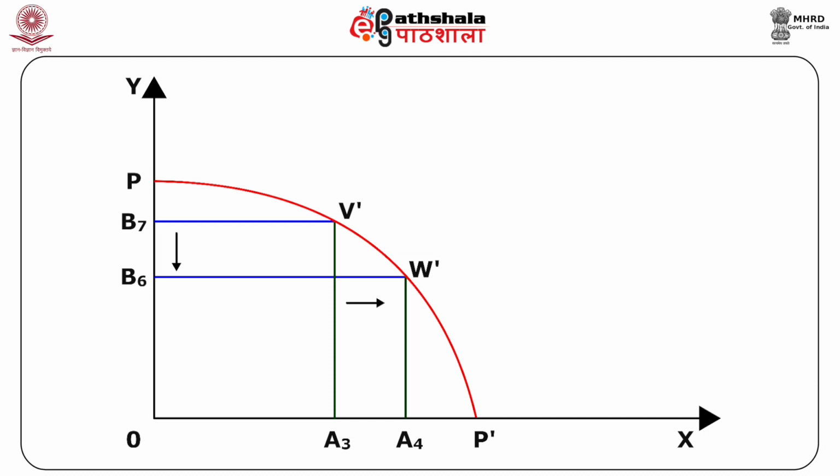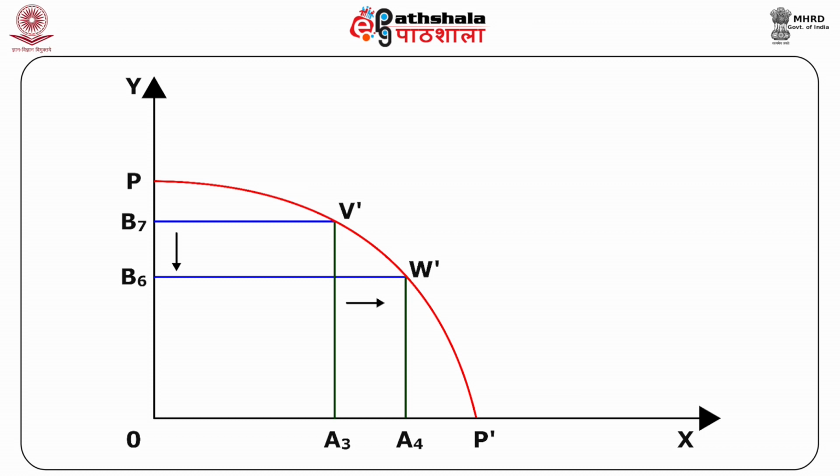However, because the resources are not uniformly productive when it comes to producing either X or Y, that is, we are considering the situation of increasing costs, what we find is that the relationship between the reduced production of Y on the y-axis from B7 to B6 does not lead to a linear increase in the production of X from A3 to A4.